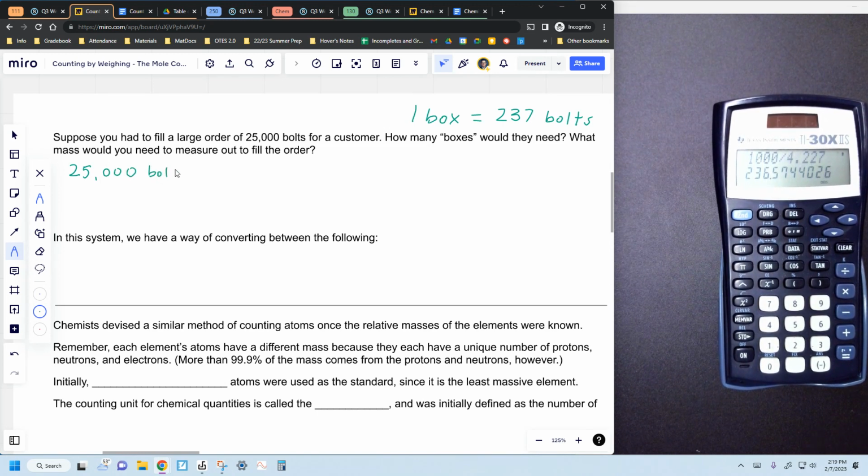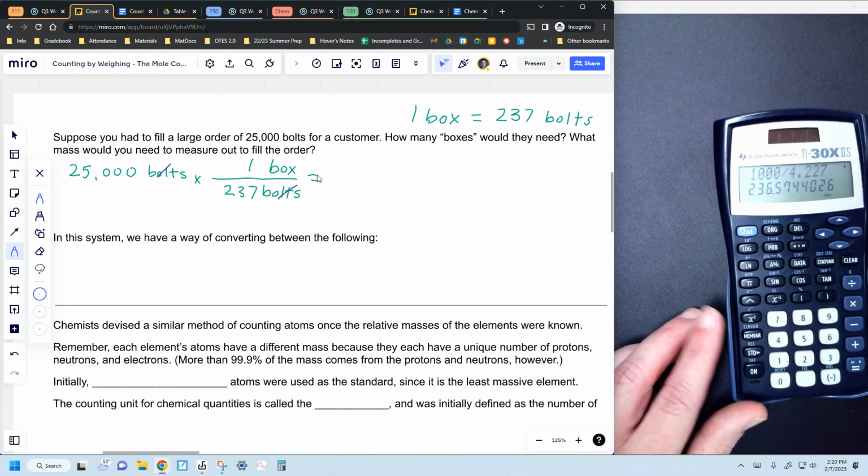And I want to use my scaled up counting unit of boxes as my conversion factor. I want to cancel bolts and I want to end up in boxes because I can pull the boxes right off the shelf. They're all ready to go. One box is 237 bolts. Bolts will cancel. I should end up in boxes.